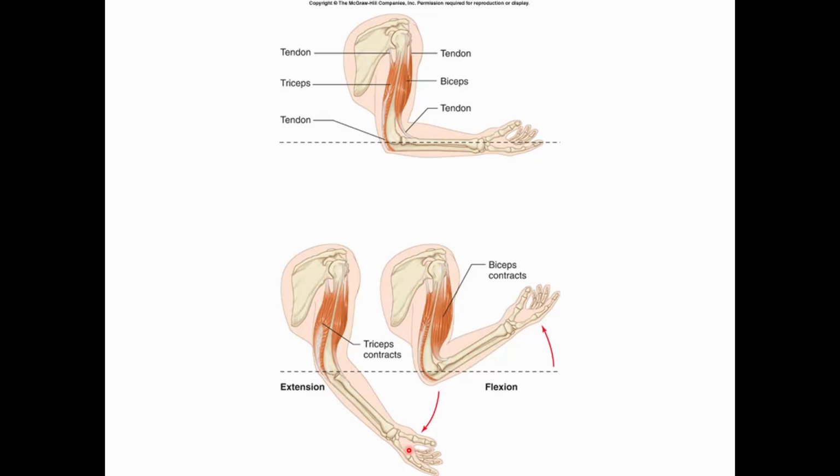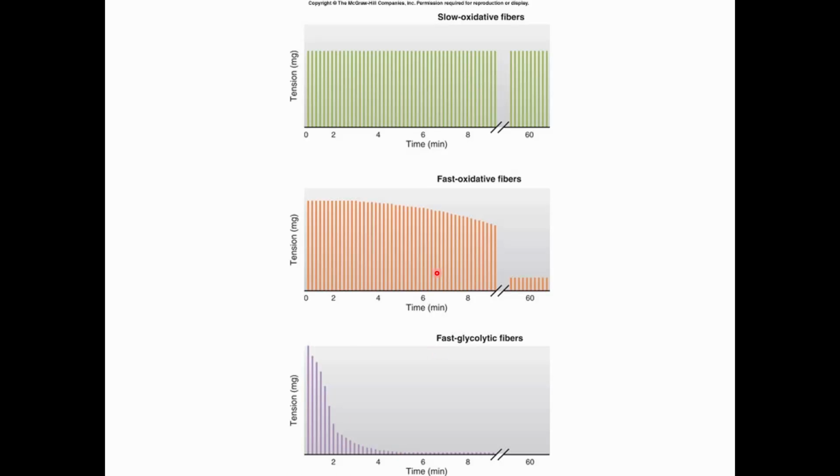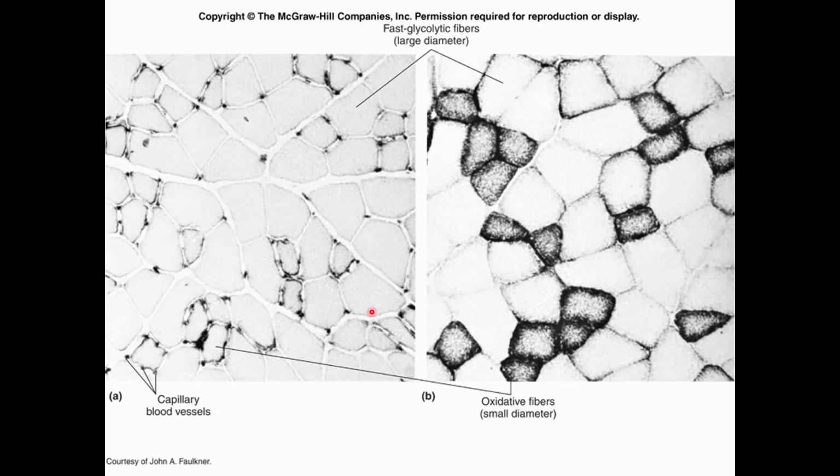And I have a nice table in your notes that shows this. You think about these guys. These are going to have lots of mitochondria. They're going to use lots of oxidative phosphorylation. They have lots of blood vessels. They're colored red because they have myoglobin and because they have all those red blood vessels around them. These white fibers are going to be bigger.